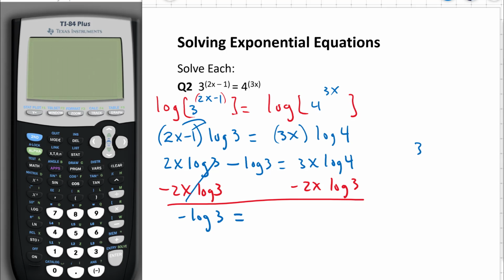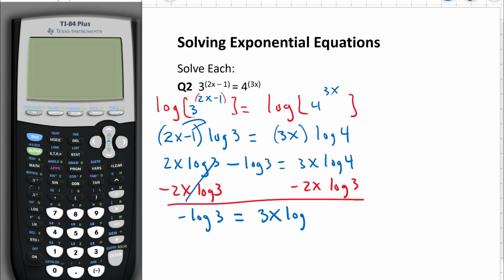If it was only 3x and 2x, they would be like. But because they have this extra factor, log 4 times log 3, that makes them not like. So unfortunately, I cannot subtract. I'm going to have to bring everything down here.